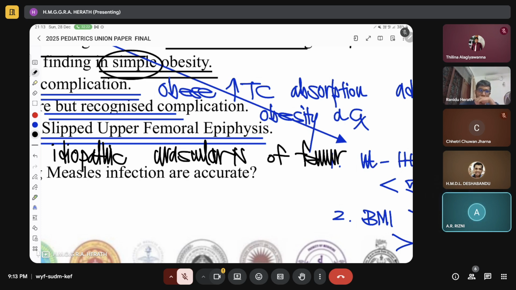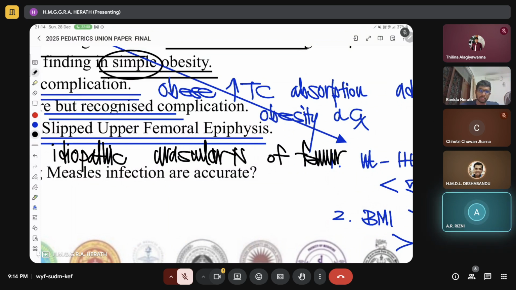Also, another on the same page regarding item number 2, it says bone age is advanced in nutritional obesity, right? Does it say about growth velocity? Wait, one second. Bone age is advanced, but is there a sentence on growth velocity?